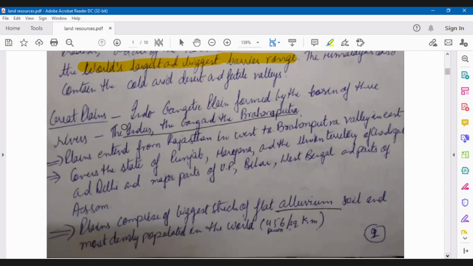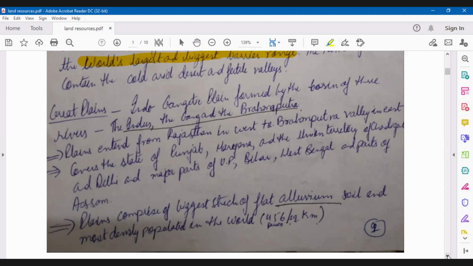Okay, when we talk about the Great Plains, it is the basin of Indus, Ganga and Brahmaputra. So the Indo-Gangetic Plain is formed by the basin of 3 rivers: Indus, Ganga and Brahmaputra. The plains extend from Rajasthan in the west to the Brahmaputra Valley in the east. It covers the states Punjab, Haryana, the Union Territory of Chandigarh, Delhi, and major parts of UP, Bihar, West Bengal, and Assam.